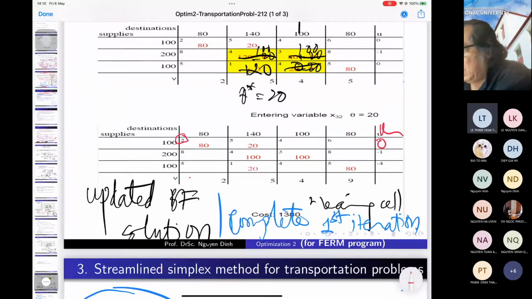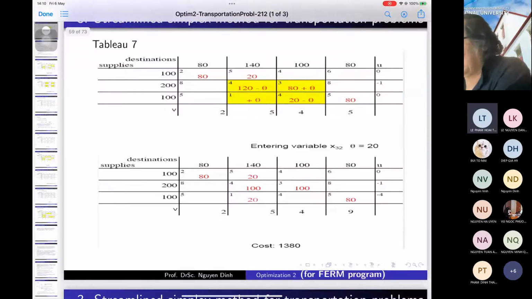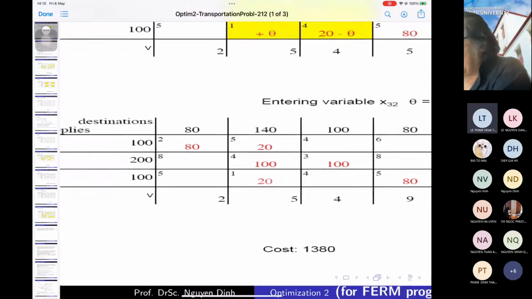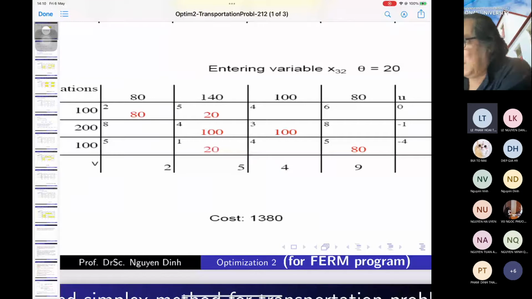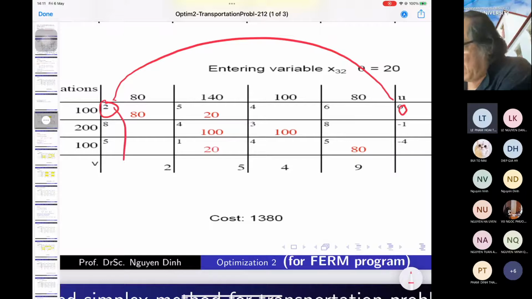Then this should be 2 minus 0. 2 is 0 plus something here.